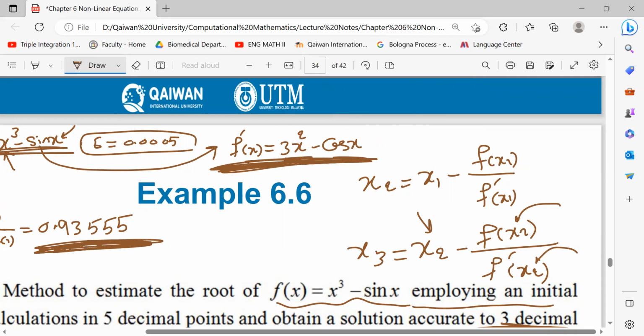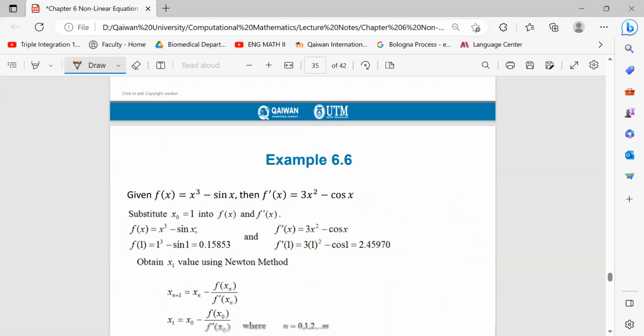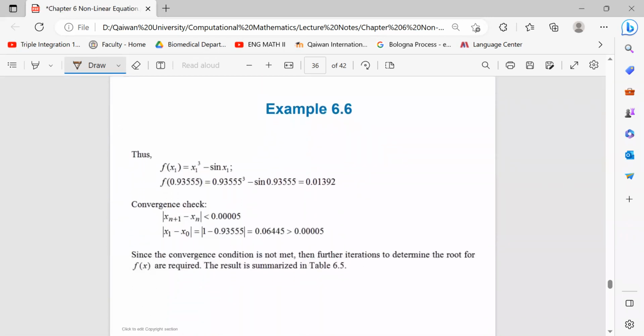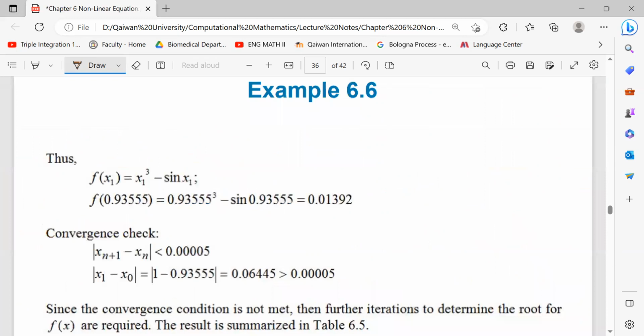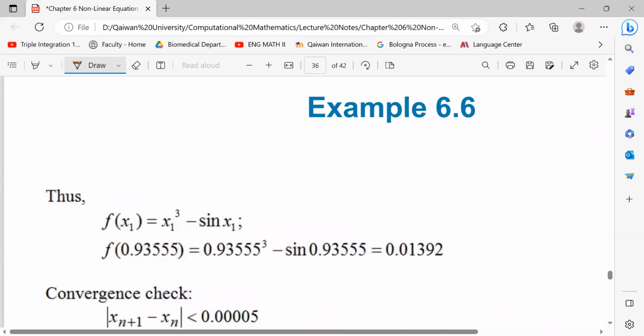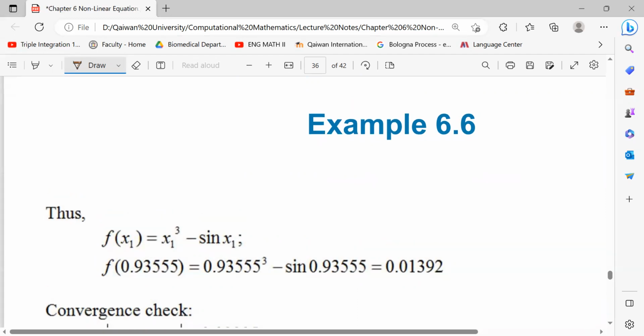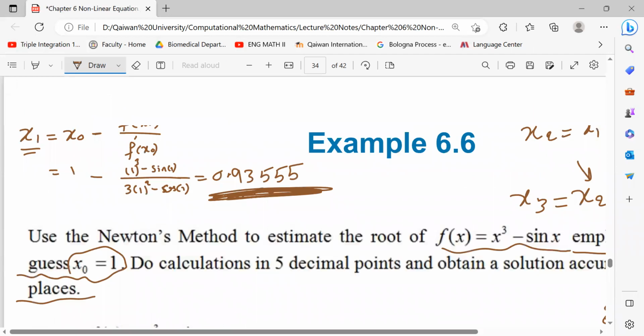Okay, that's it. Now we get this table. We say if two successive x, their difference, I mean the length between two successive points, is less than epsilon, we stop. If not, we continue. Look here.